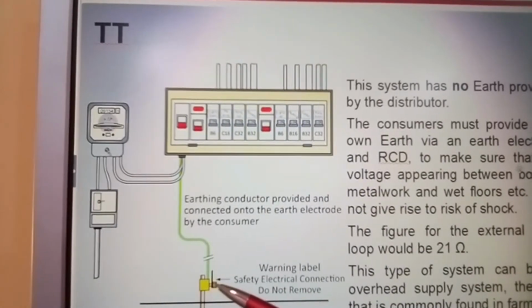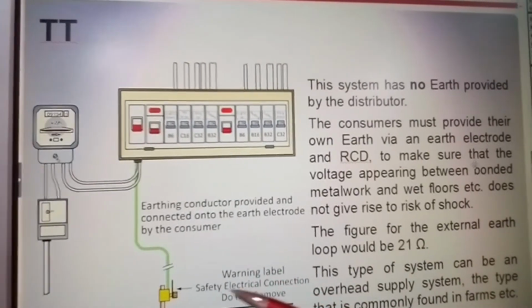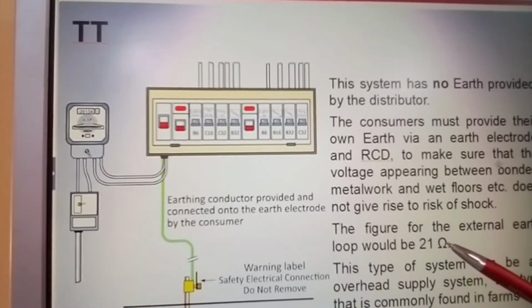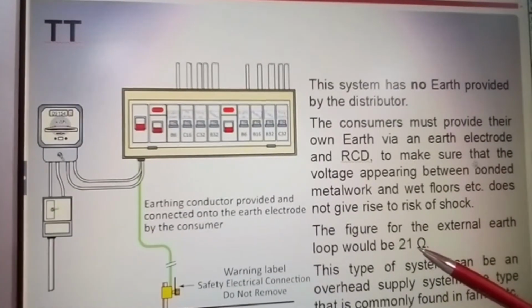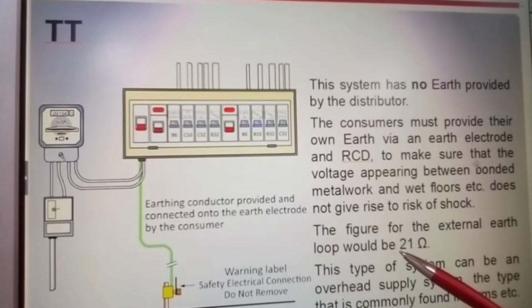Now remember, you may need to change or put in alternative earth rods at certain values that give you the best resistance that does not exceed this value. And that's what you're looking for. So anything below that, you know that you're in good hands.